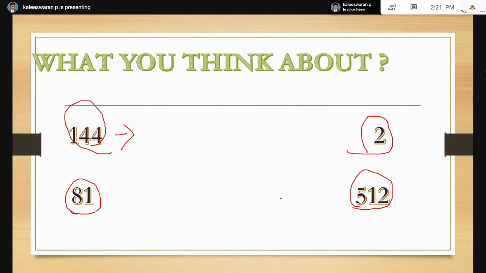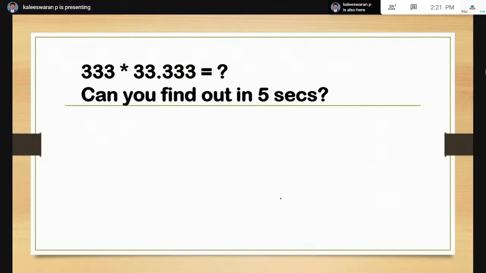Okay. Now one question. Sir, what is the use of knowing the identity of a number? Here I am showing one example. 333 into 33.33. Can you find the answer in 5 seconds?